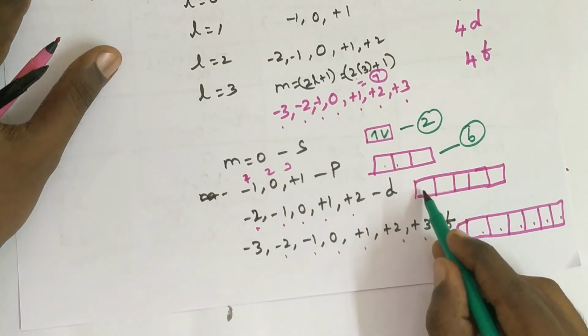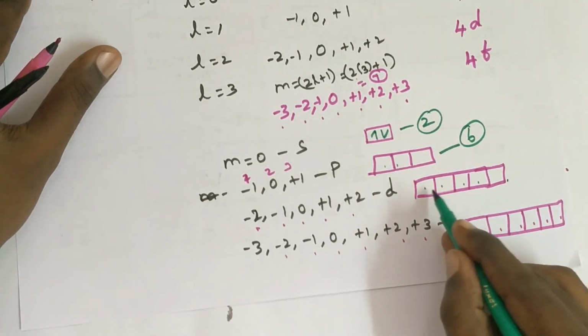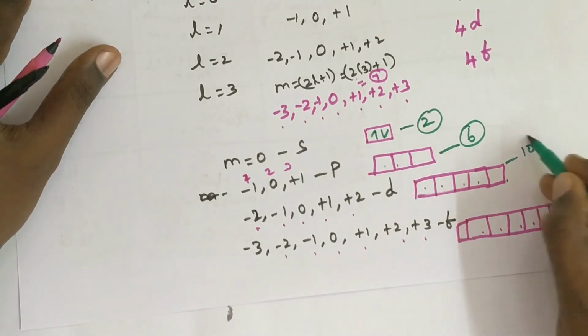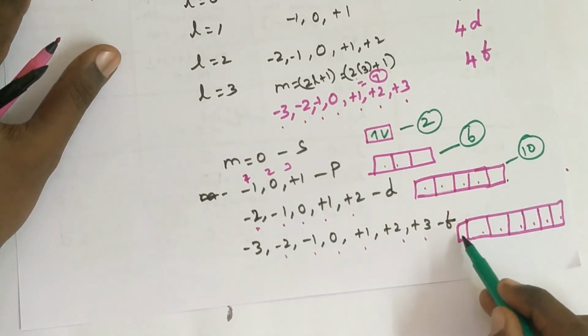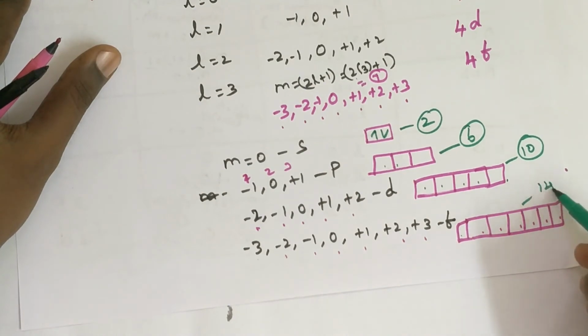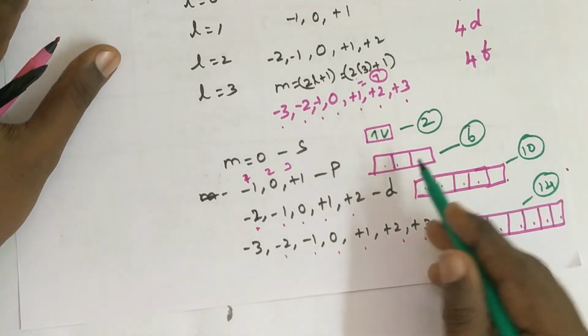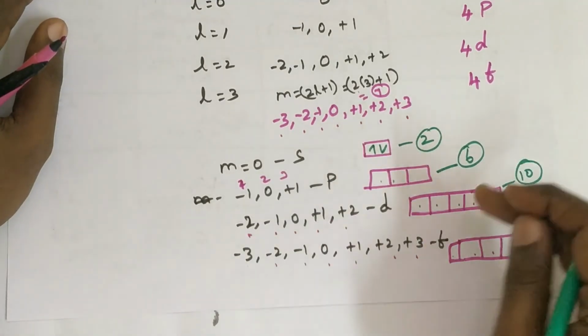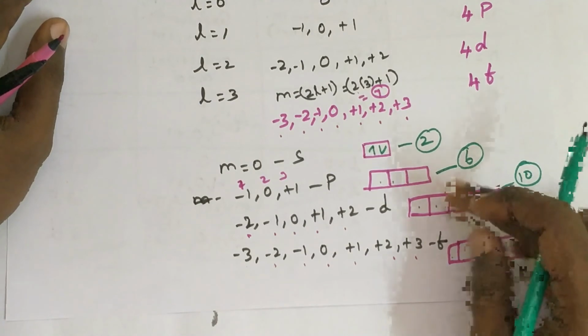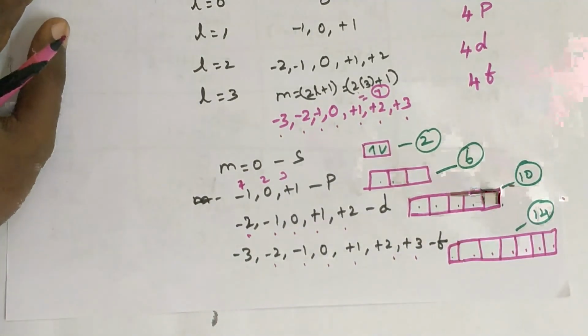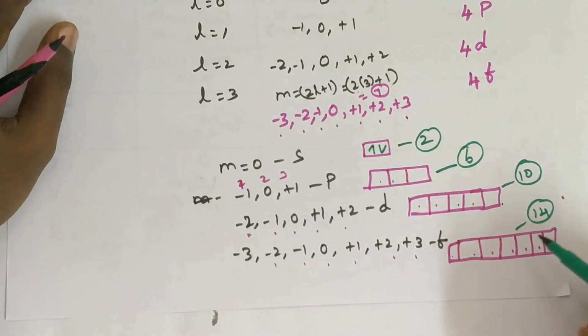In case of D, 1, 2, 3, 4, 5, each orbital accommodates 2, so 5 into 2, we can fill up to 10 electrons. Same way for F, 7, so 7 into 2, 14 electrons. That's why in the principal quantum number we see maximum electrons in the subshells as 2, 6, 10, 14, and for G it comes as some value. So at least you make a note of the first 3, because the first 3 are most important, the next one they won't ask. In the higher classes, the first 3 are very important.